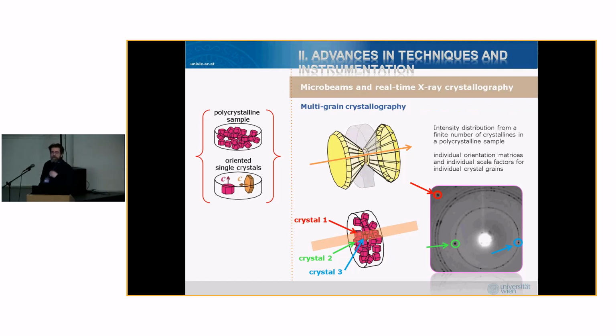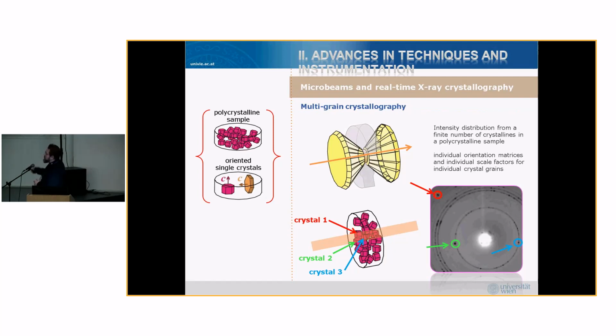So we come into this regime that we can deal with these individual crystallites really like single crystals, and say, okay, let's have 10 crystals which are diffracting, and then we can treat the data using 10 single crystals and having 10 orientation matrices, and then working like what we are used to from single crystal diffraction.